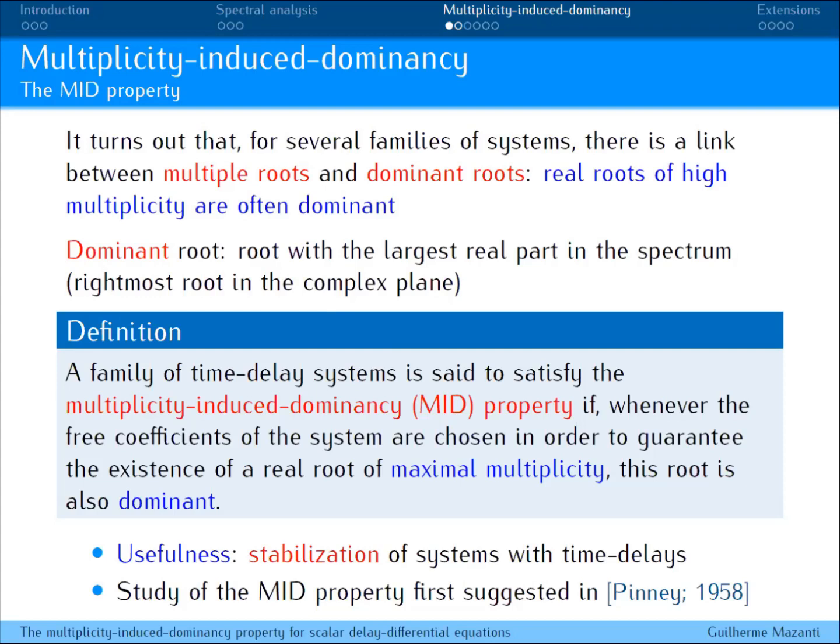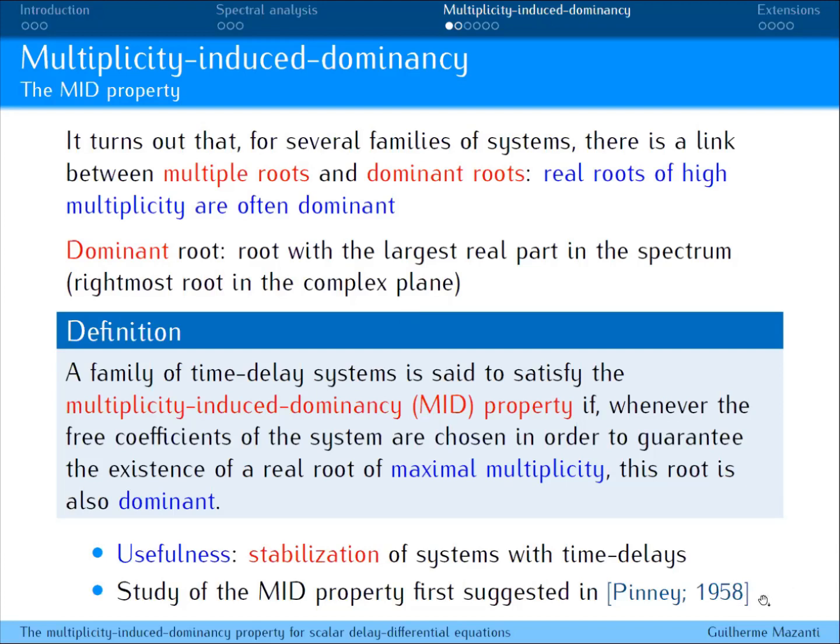Now, the study of this property was first suggested in a book in the 1950s by Pinay, where he considers the question of minimizing the spectral abscissa of some time delay systems, and he shows that he can do that if this property is satisfied, and he shows that this property is satisfied in two very simple systems.